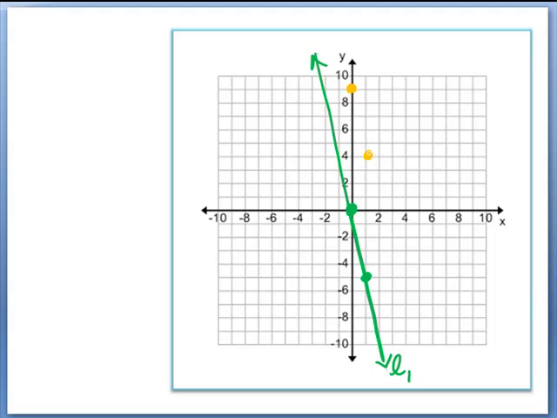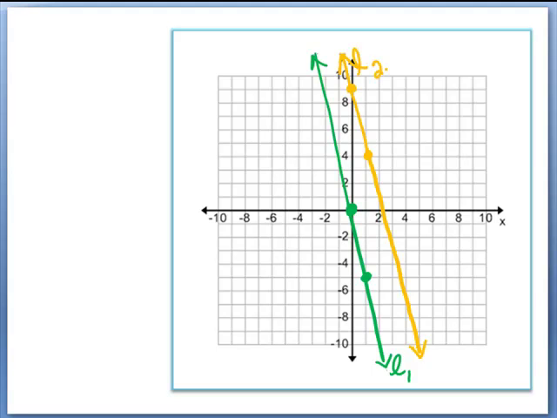Here's our second point. So let's connect those dots. We'll label the orange line as L sub 2.